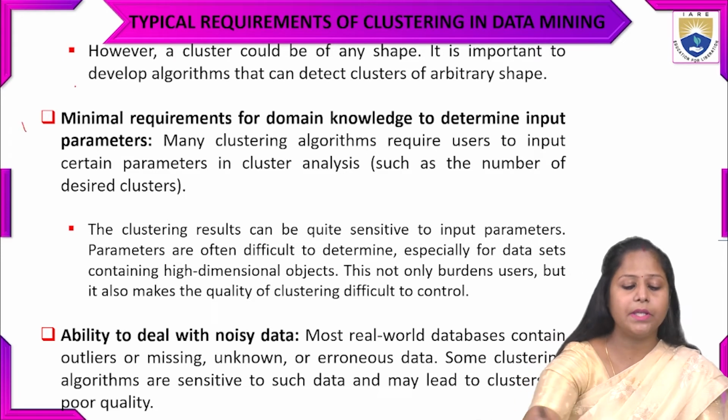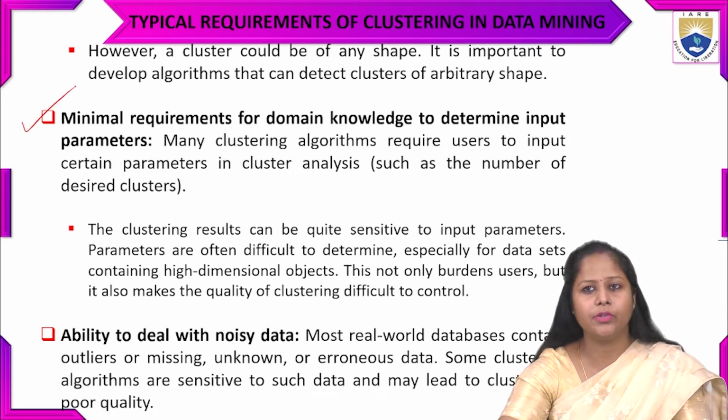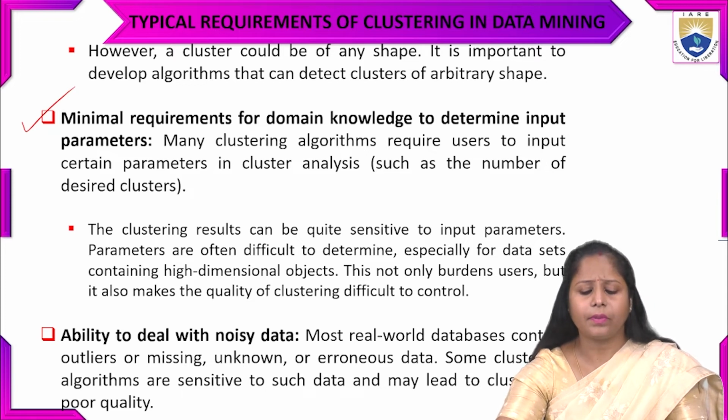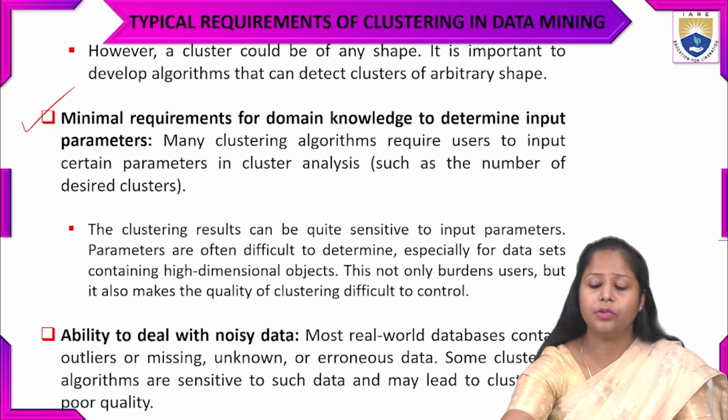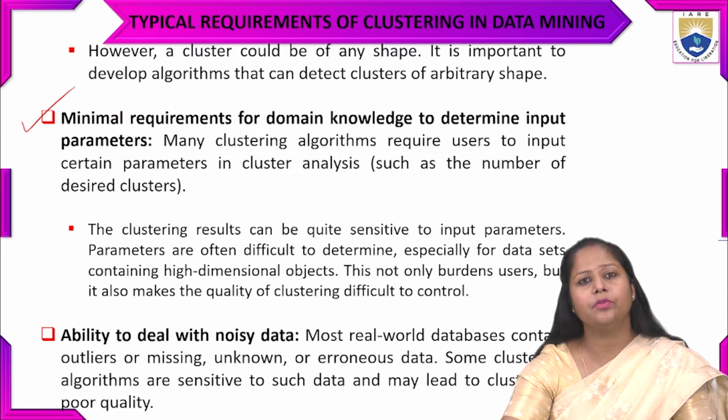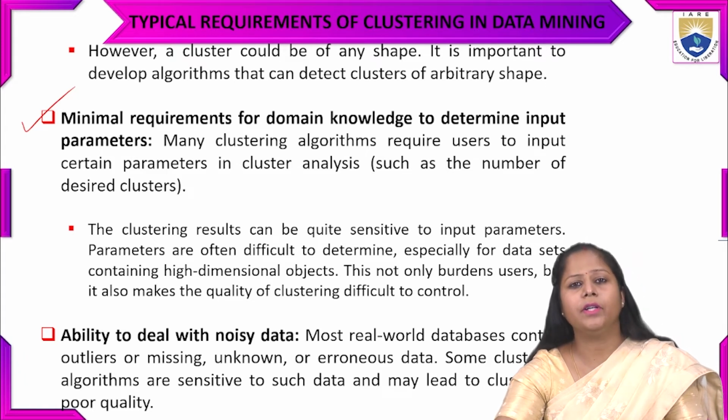Fourth is the minimal requirement for domain knowledge to determine input parameters. Many clustering algorithms require users to input certain parameters in the cluster analysis. As we are going to use the distance between two objects, we have to know about the parameters between the two data objects.